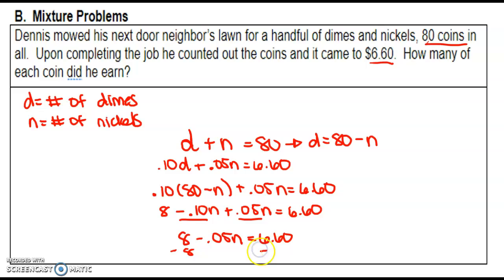Minus 8 on both sides, and I get negative 0.05 N equals negative $1.40. Divide negative 0.05 by negative 0.05, and the number of nickels I get when I plug it into my handy dandy calculator, 28.